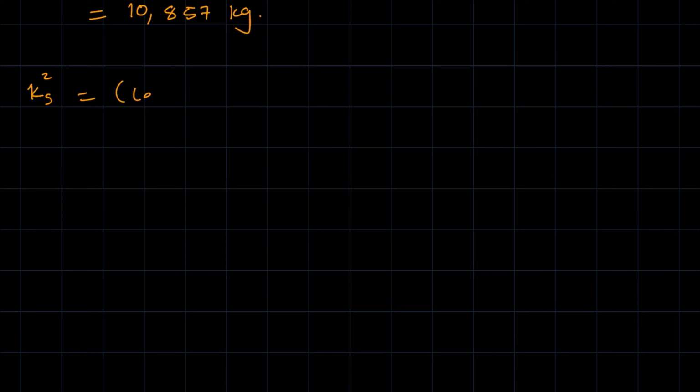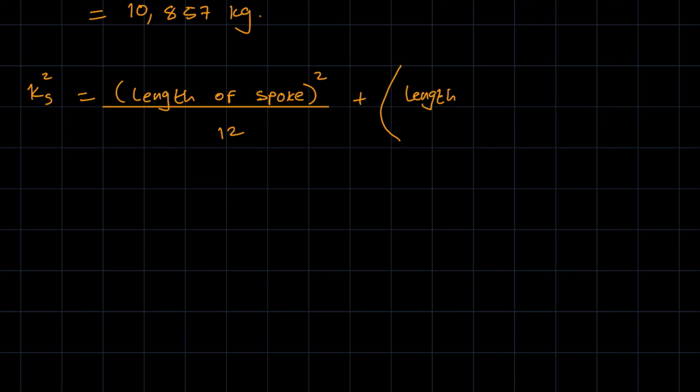It would be the length of one spoke squared divided by 12, plus open brackets length of spoke divided by 2 plus the radius of the boss, and you square all of this.